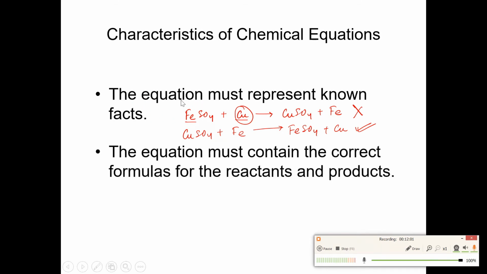At the same time, an equation must contain the correct formulae of the reactants and the products. So whenever we write down the chemical formula of any compound, it should be the correct one.